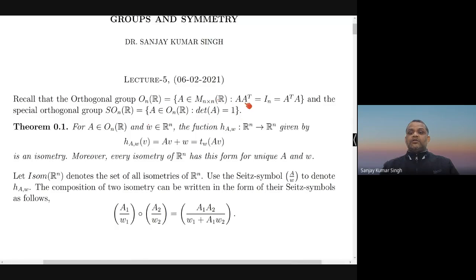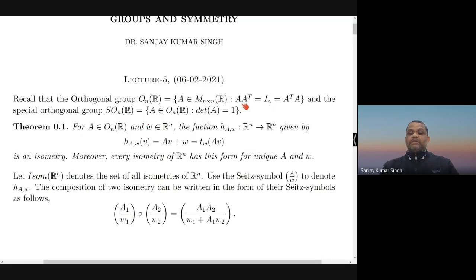Because from here you can directly deduce that if I take the determinant, then the determinant is multiplicative. So determinant of A times determinant of A transpose is equal to the determinant of the identity. But the determinant of the identity matrix is always 1. So it forces that determinant A times determinant A transpose is 1.